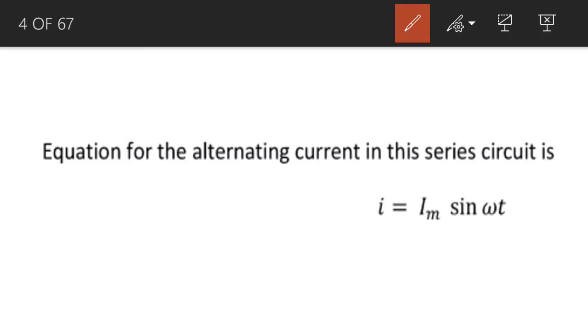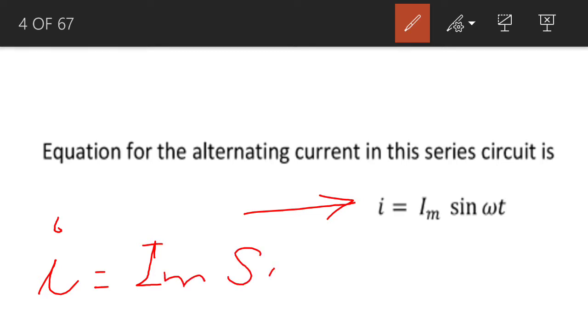You see, this is an AC current, and this equation can be written as: this AC current is equal to the maximum value, into the sine term, and then it has a phase angle which is equal to 0. So we can write down the equation for the current in this form.